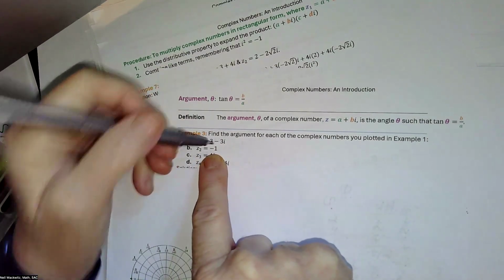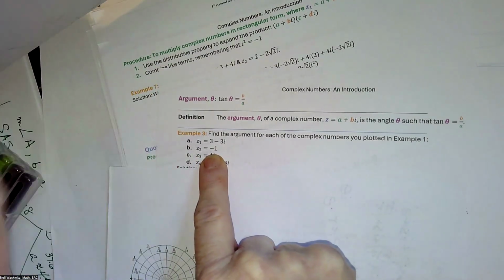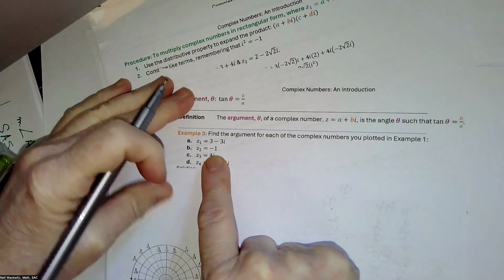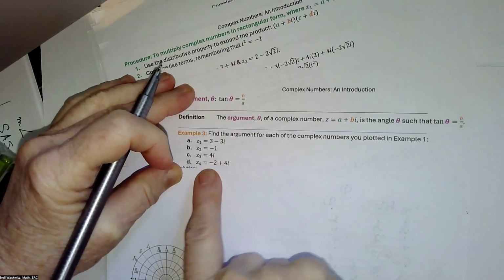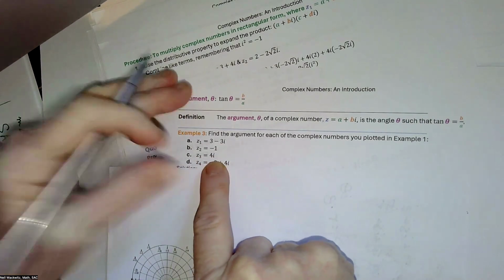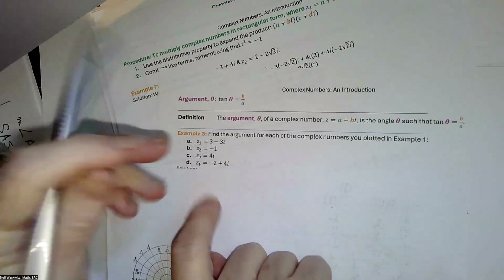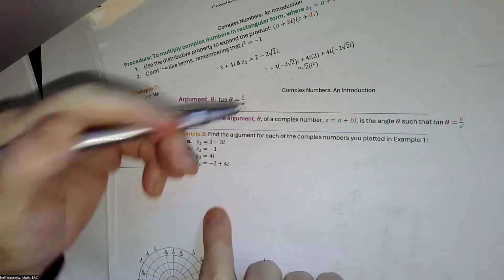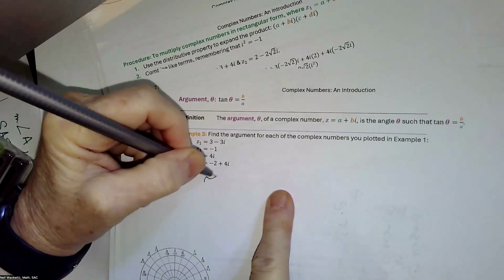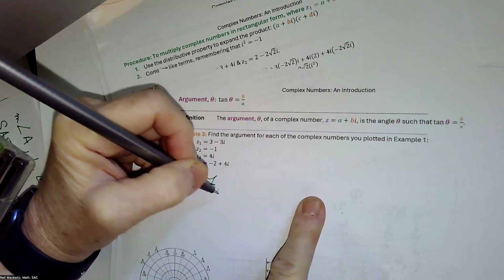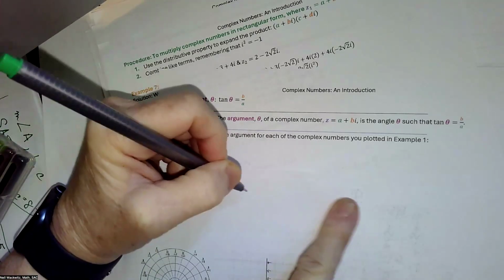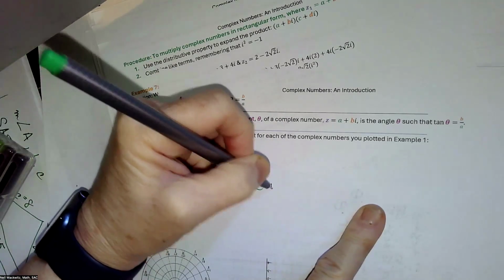This one is -1, which means it'll just be pi. And this is going to be 4i, so it's at the top, so it'll be pi over 2. And let's do this one. So we've got z4 is -2 plus 4i.